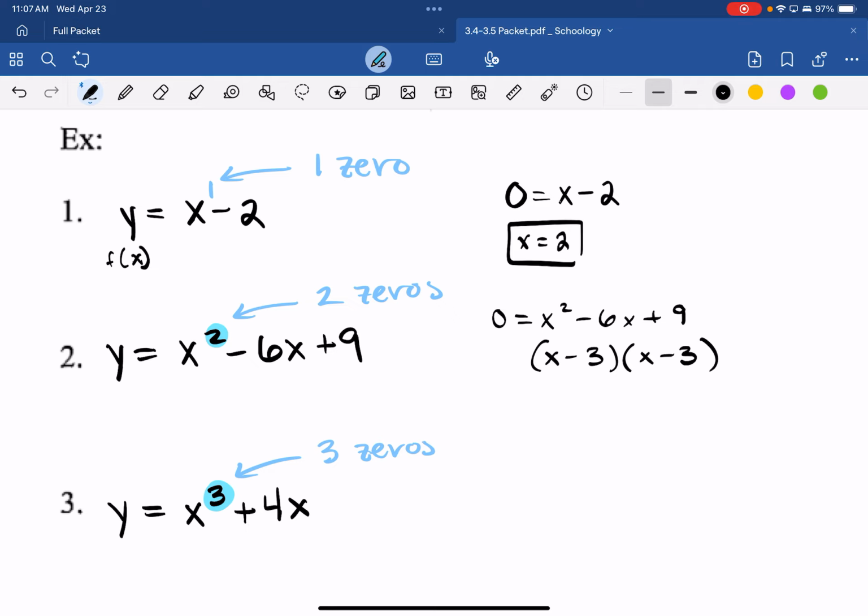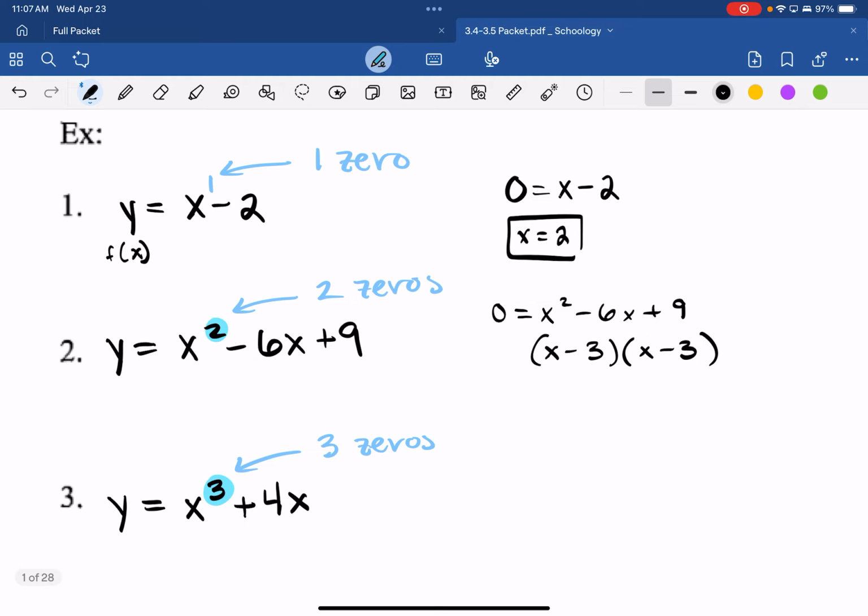I did that fast, but that's just a review on how to factor. So I have what appears like only one value for x, but we talked about last chapter that we have to think about multiplicity. So this x would happen twice, multiplicity of 2. Hence, my rule of 2 zeros still applies because it has the multiplicity of 2.